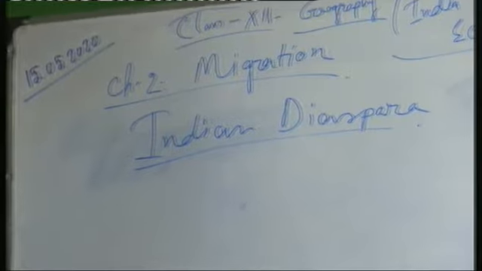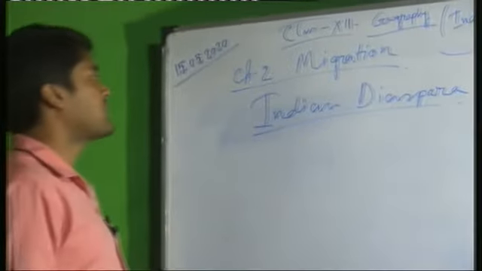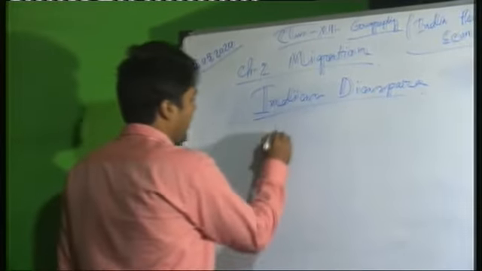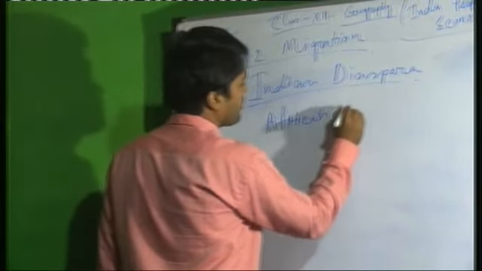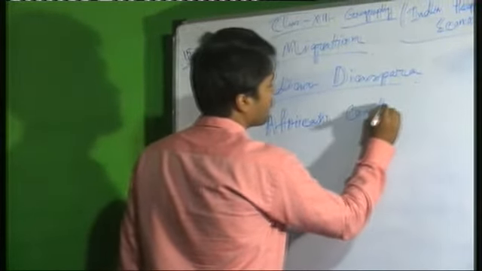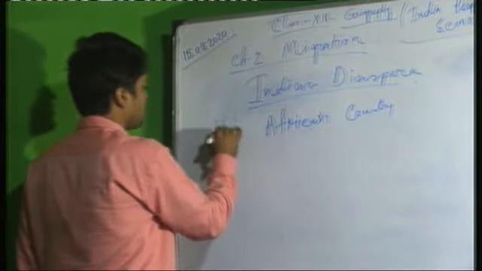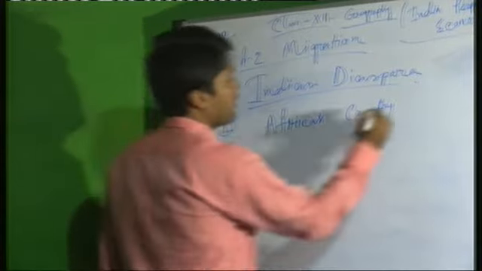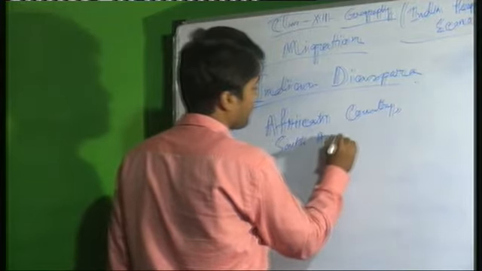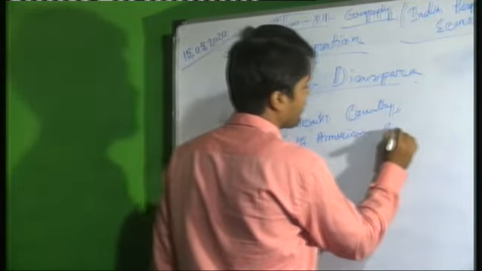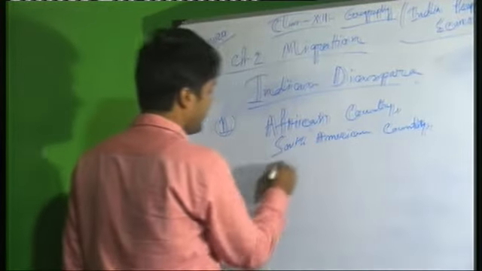During the colonial period, so many people travelled to different parts like African countries, South American countries, then European countries.